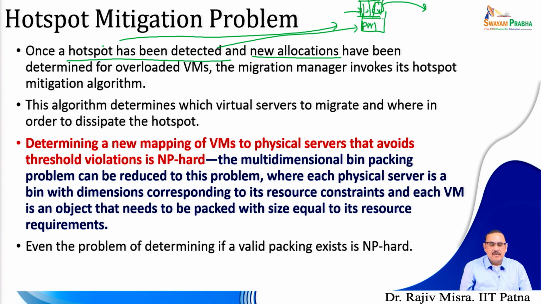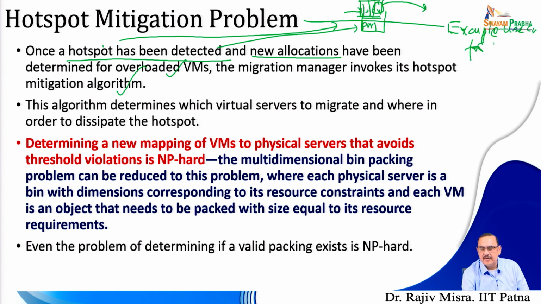So, that means that once the hotspot is detected, the new allocations have to be determined for the overloaded virtual machines, and the migration manager invokes its hotspot mitigation algorithm. So, this is an example use case for VM migration.